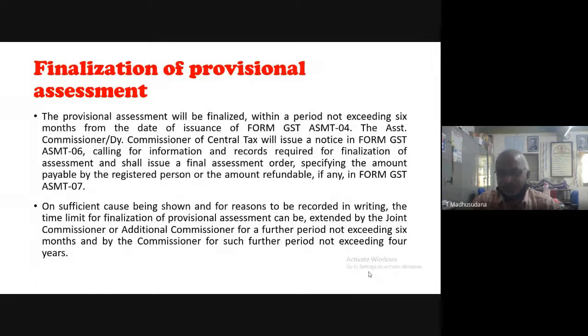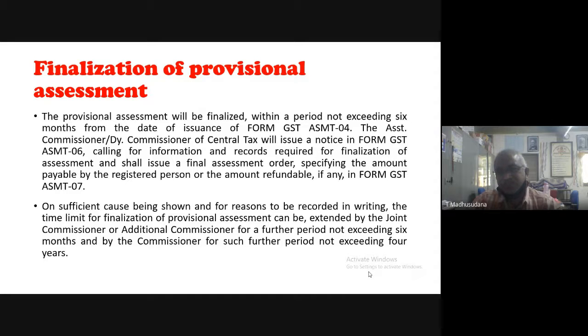And they shall issue the final assessment order after deciding the final tax liability. The final assessment order will be issued to the supplier specifying the amount payable by the registered person or amount refundable, if any, in Form GST Assessment 07.